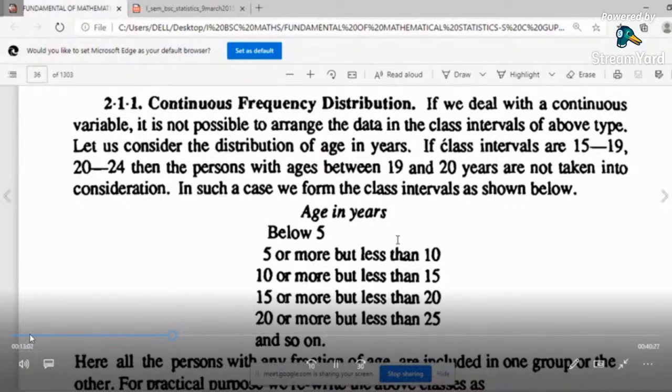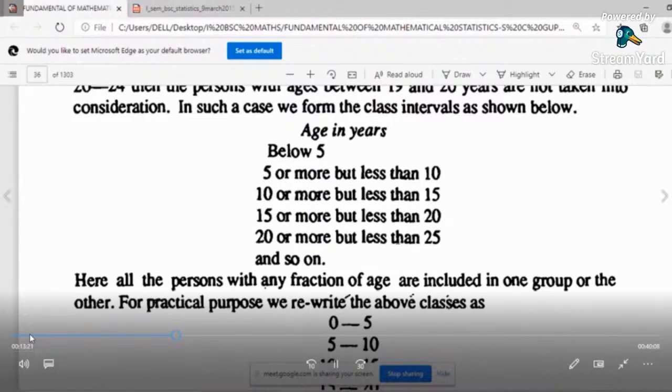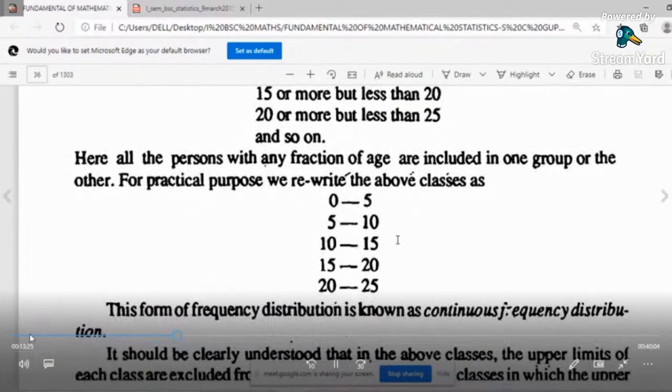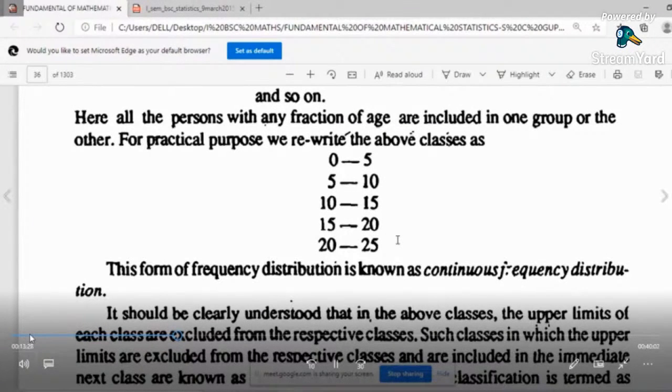Another class is 10 to 15, another is 15 to 20, another is 20 to 25, and another class is age greater than or equal to 25. This is a typical representation of class intervals for continuous data.